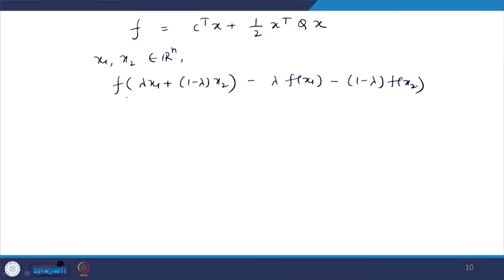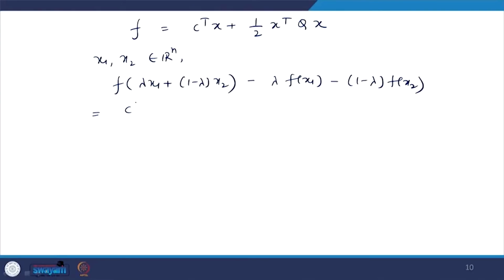If we apply the basic definition of convexity, then we have to show that this quantity is less than or equal to lambda f(x1) plus 1 minus lambda f(x2). So, that means I have to show that this quantity is less than or equal to 0. I will try to show that this is less than or equal to 0 if Q is positive semi definite matrix.